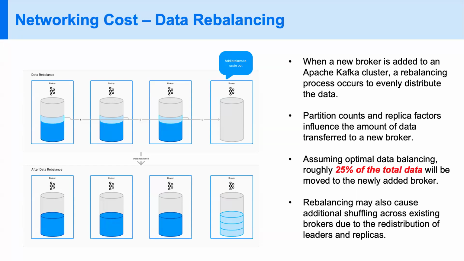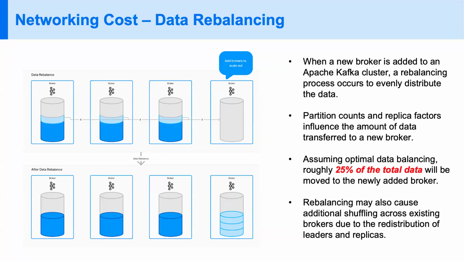In this scenario, we take these little light blue slices of data, roughly a third of the data on each of the existing brokers, and shift it over onto that newer broker. Assuming you get optimal data balancing, you're moving roughly 25% of your data, and that is going across an AZ potentially.